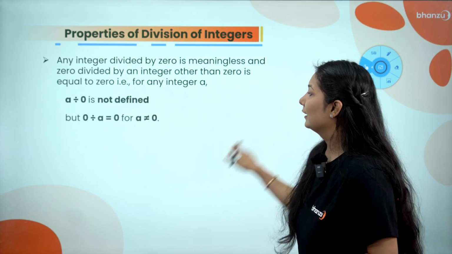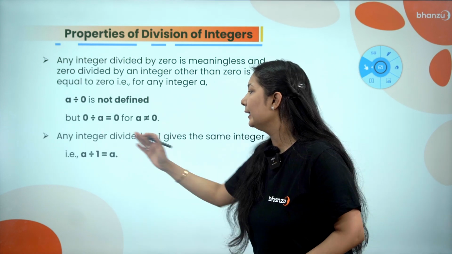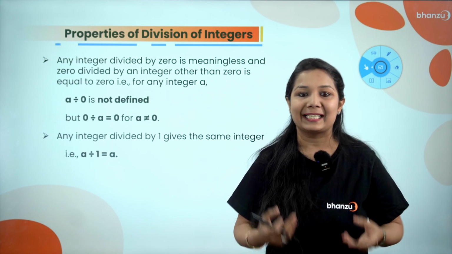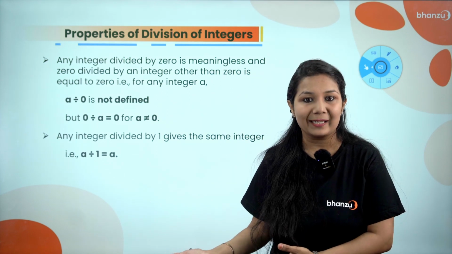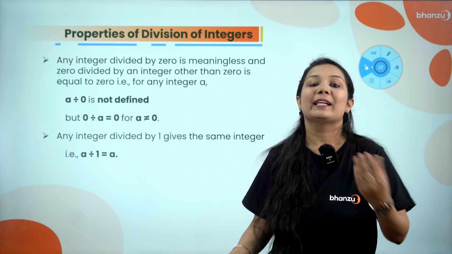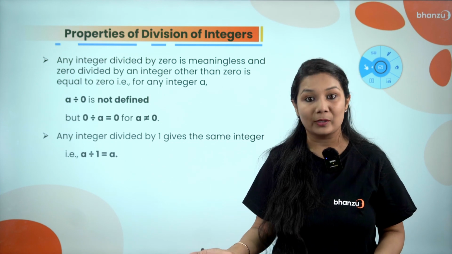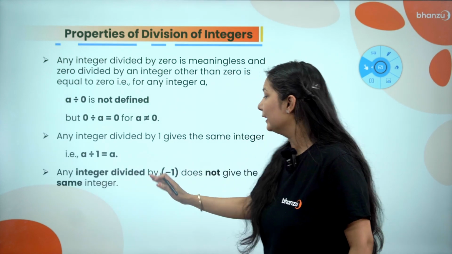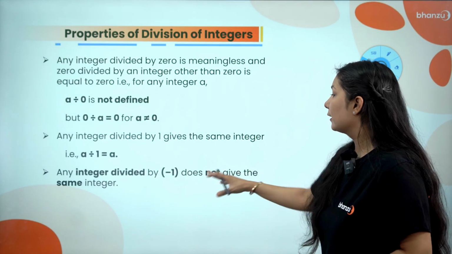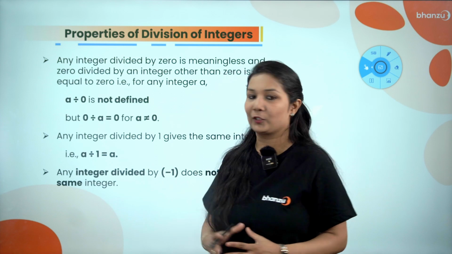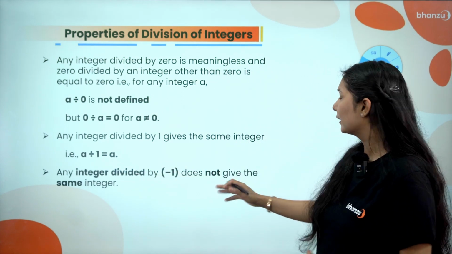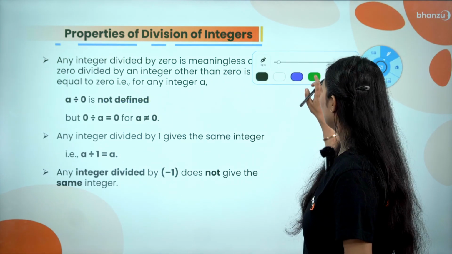Moving ahead to the next property, which says any integer divided by 1 gives the same integer. Suppose minus 10 divided by 1 would give us minus 10, right? 27 divided by 1 would give us 27. So that is how it works. And the last one is any integer divided by minus 1 does not give the same integer, right? Let's see an example of it.